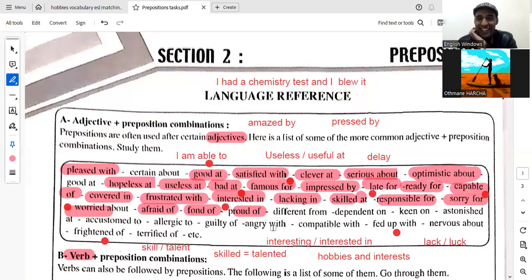Oh, what? The mother is given the result and sees 19. Othmane, oh my son, great. I thought that you were wasting your time, but I'm really proud of you. I'm proud of you, Othmane. I feel happy, great, you know, proud of, right? I'm proud of you. Voilà.